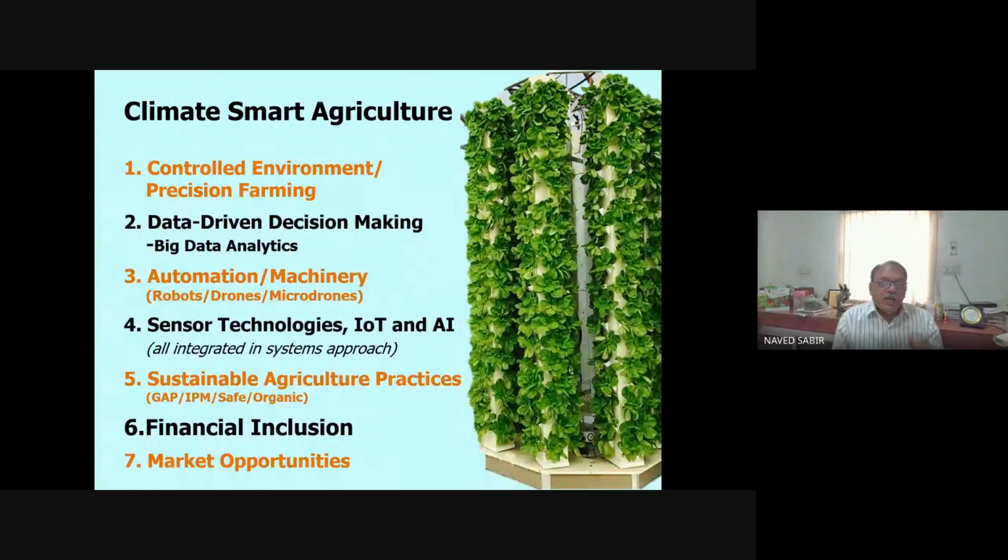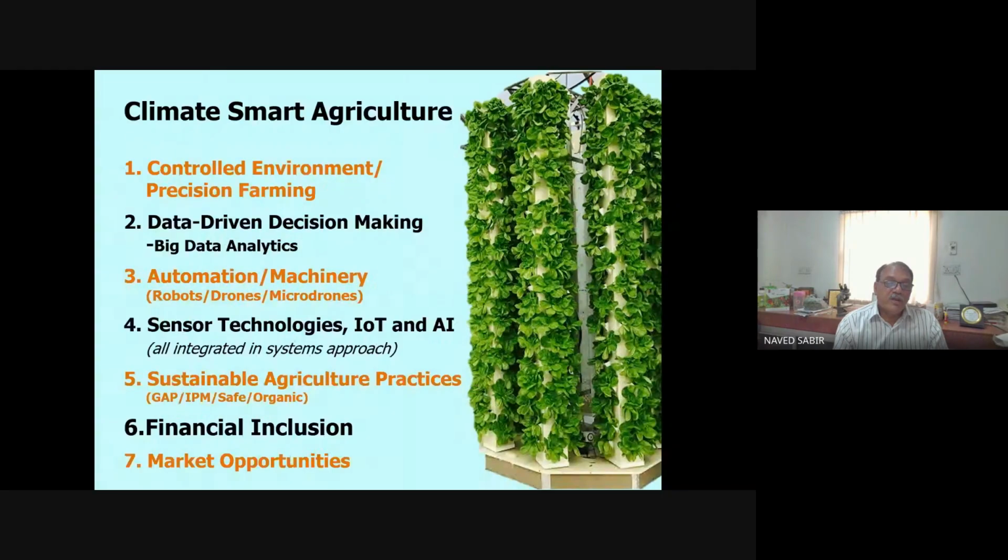So sustainable agriculture practices will use good agriculture practices, integrated pest management, safe and organic methodologies with the help of the sensors and automation machinery for ultimate automatic data-driven data collection, and linking with the machinery and the robots and the computers and the IoTs and the mobiles and the laptops and tabs, whatever.